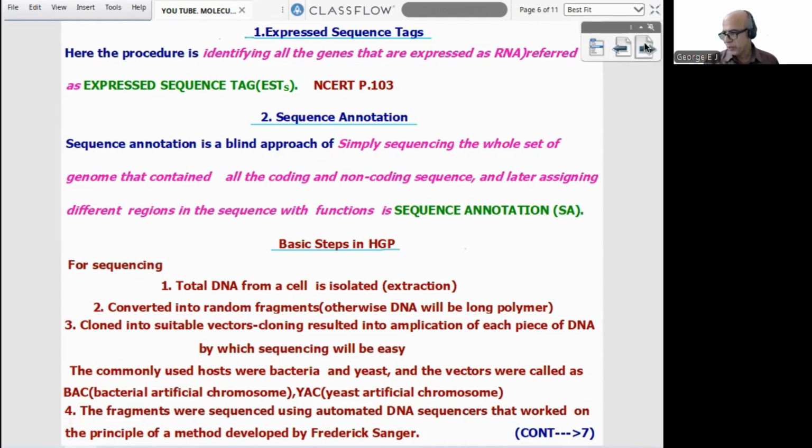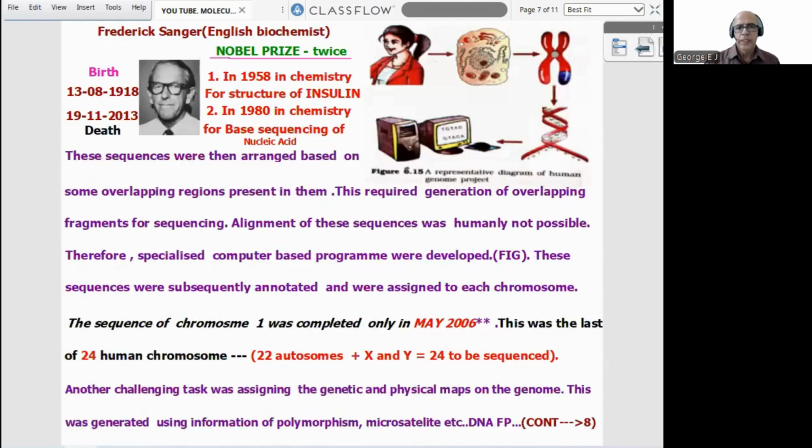Now we can proceed to the next page. In NCERT, the diagram is represented in a total manner. We can start with the famous scientist Frederick Sanger, English biochemist, born on 13/8/1918 and died on 19/11/2013. That is his birth and death. Now, Nobel Prize. He received the Nobel Prize two times, a very rare chance.